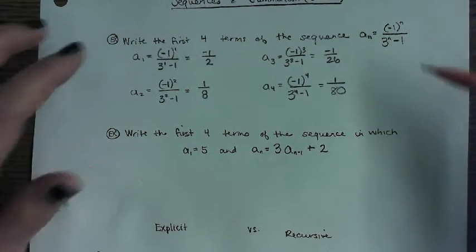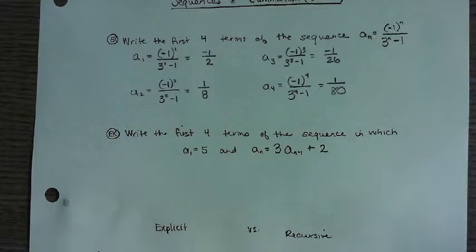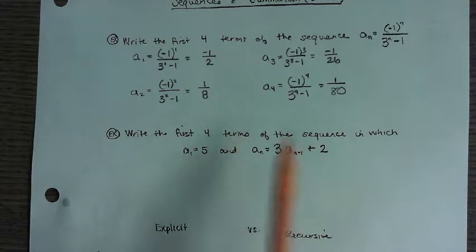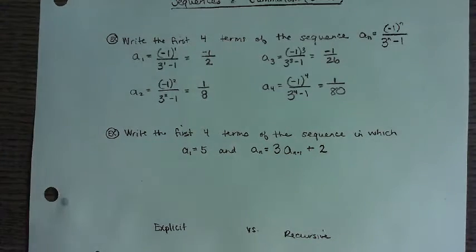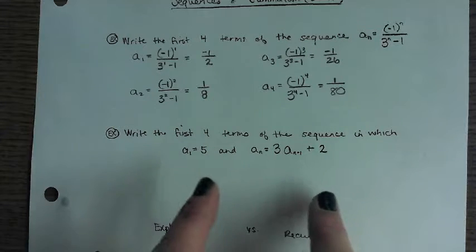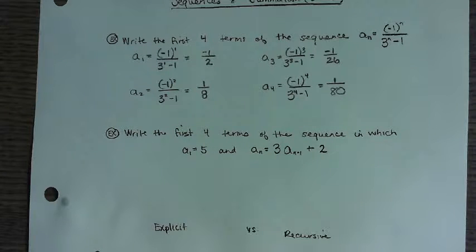An explicit just means if you want the 100th term, plug in 100. Recursive, on the other hand, which is what this second sequence is, if you wanted the 100th term, you would need to know the 99th, right? So explicits are nice because we get right to the point. We can just plug in the 100 and get the term. Recursives can be a bit annoying depending on what number term you're asked for.